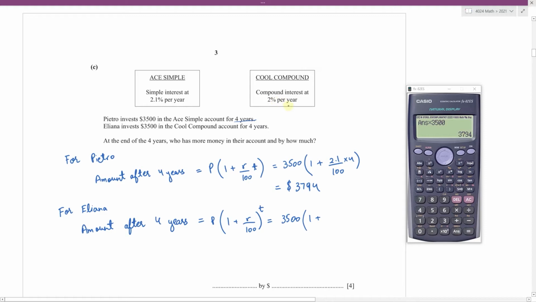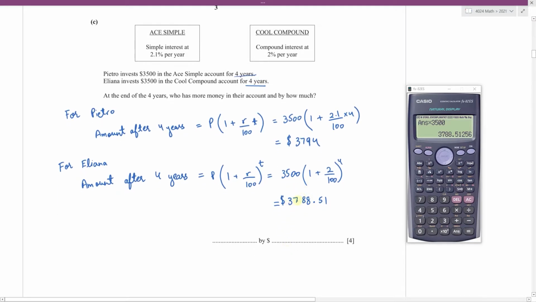The rate is now 2% over 100, and again the investment time is 4 years. So 2 divided by 100 plus 1, to the power 4, and then multiplied by 3,500. So this is $3,788.51.